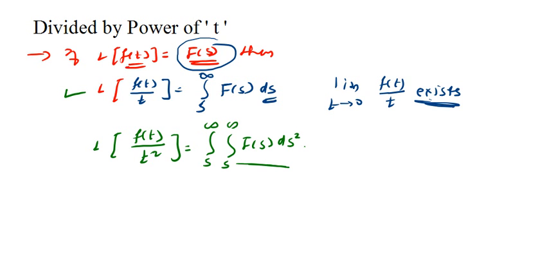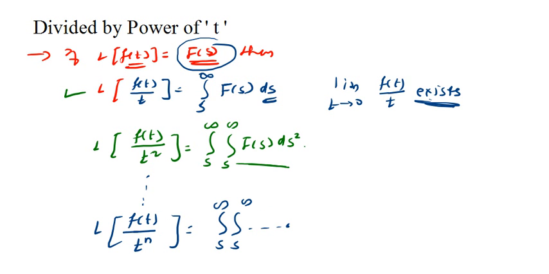Similarly, if I divide f of t by t raised to n and take its Laplace, this will be the integration from s to infinity, n times, of f of s ds raised to n. And this is how we will solve the examples.